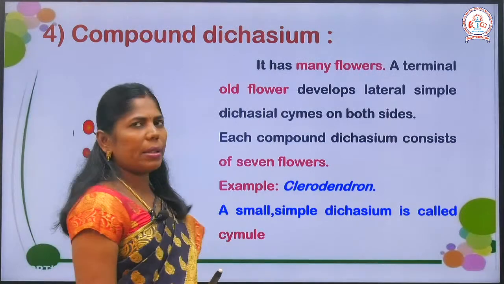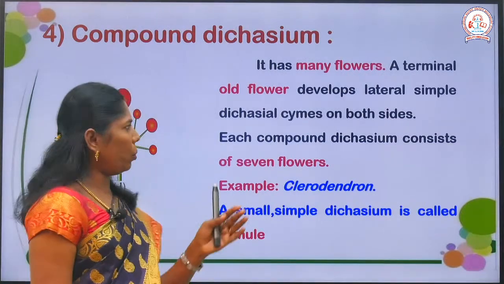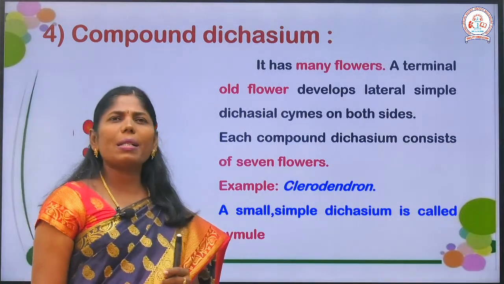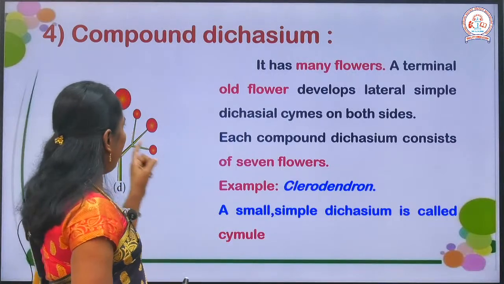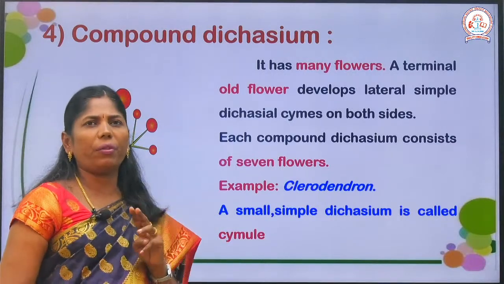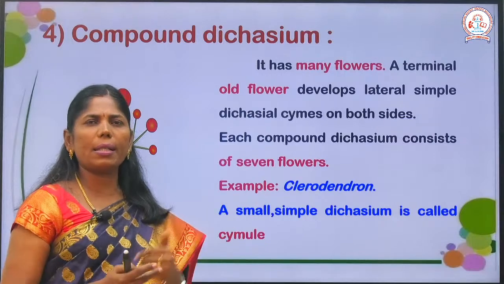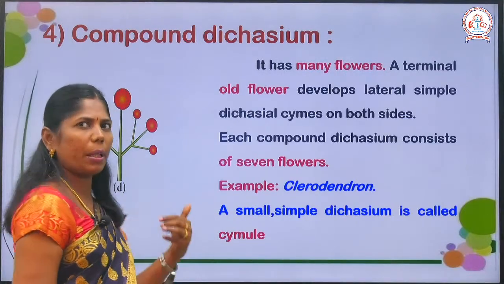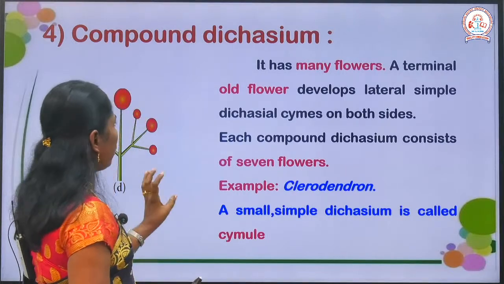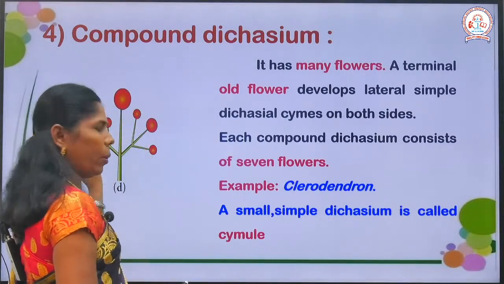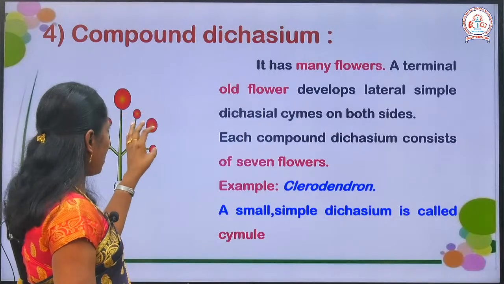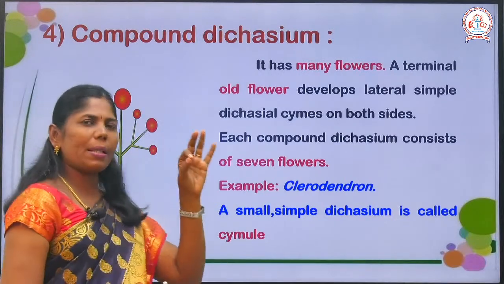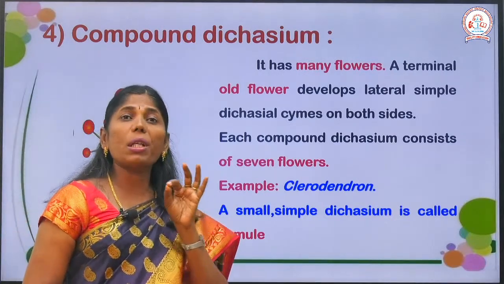Compound dichasium we already studied through the pictures. It has many flowers because each and every branch has three flowers. One is the older flower and either side has younger flowers. Each compound dichasium consists of a total of 7 flowers. Here on each side there are 3 flowers, one simple dichasium, another simple dichasium, and at the apex an older flower is present.